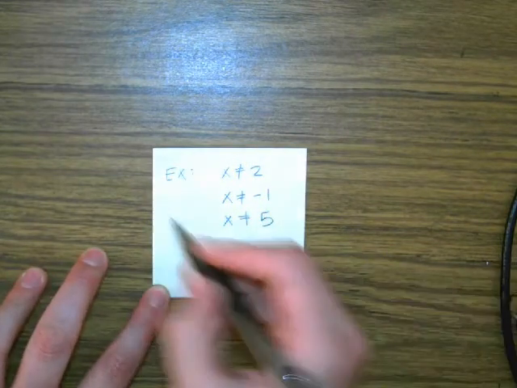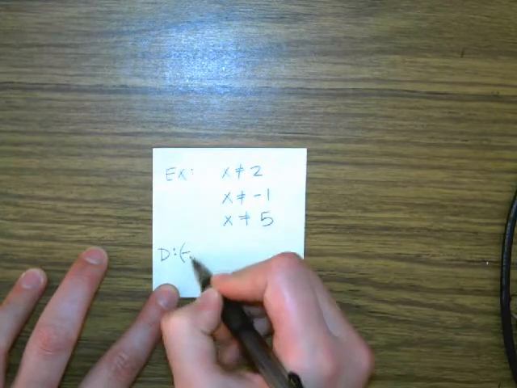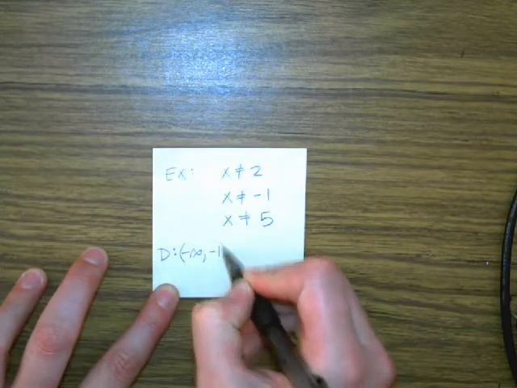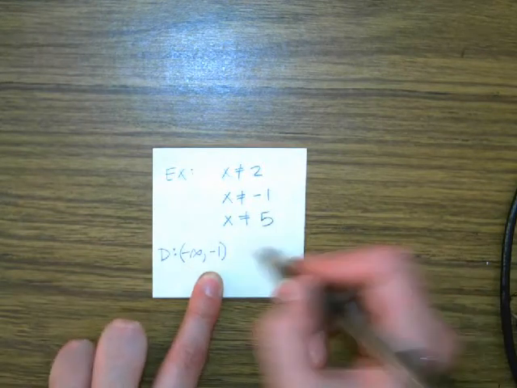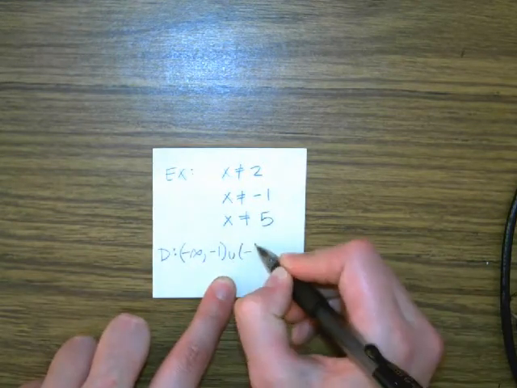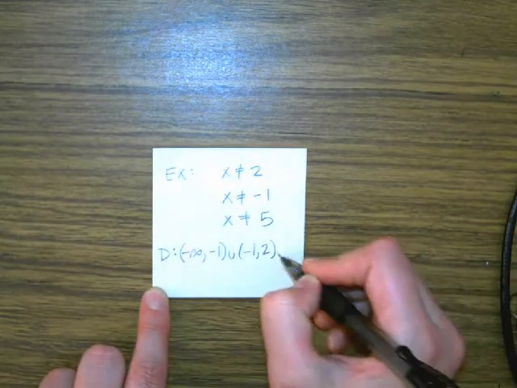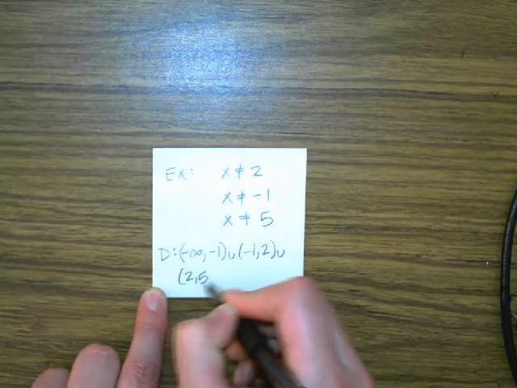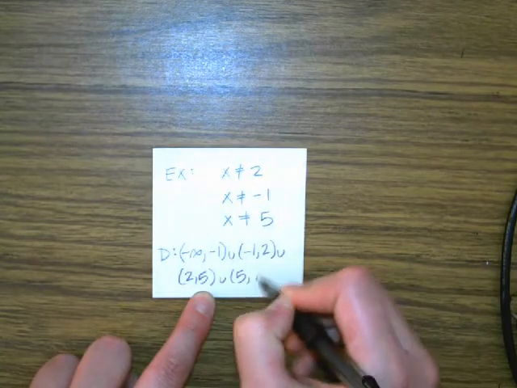All right, what did you guys get for the first answer? Okay, so any number smaller than -1 works. What's the next answer? And then what's the last section? 5 to infinity.